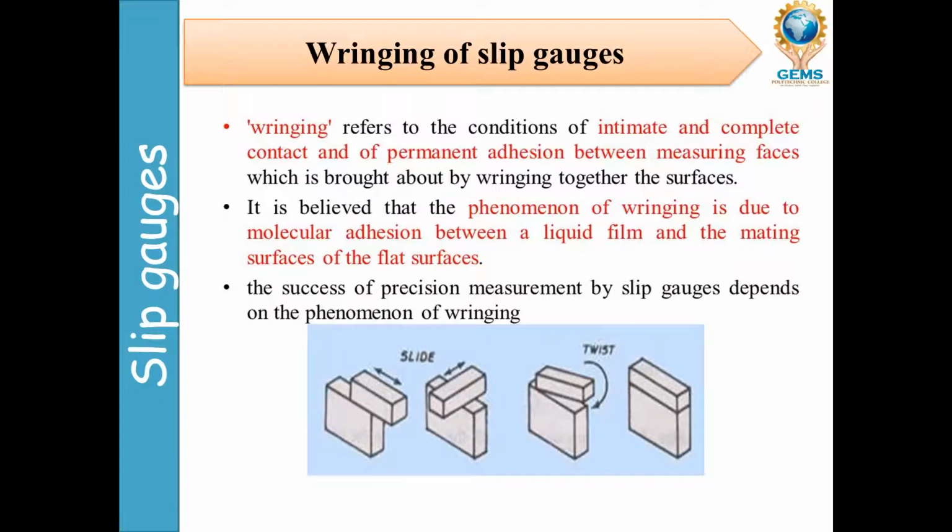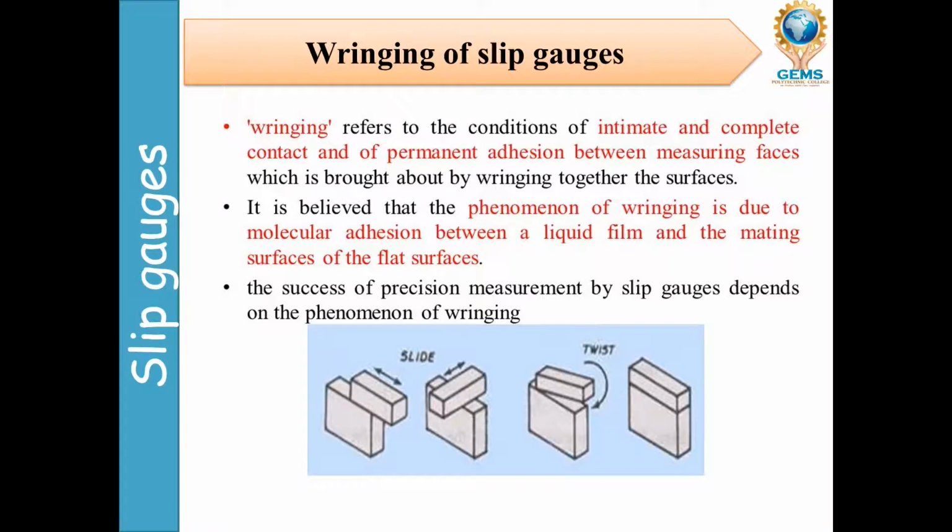The success of precision measurement by slip gauges depends upon the phenomenon of ringing. So precision of measurement happens with slip gauges because of the phenomenon of ringing, right? Ringing occurs due to molecular adhesion between the liquid film and mating faces.